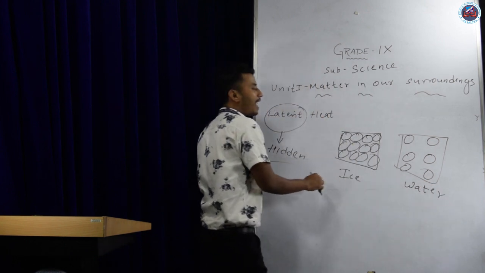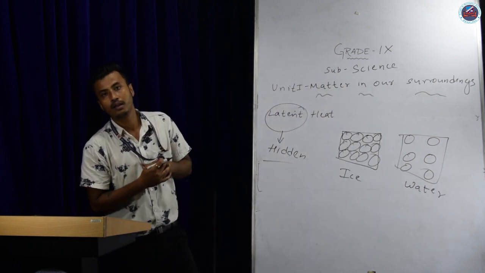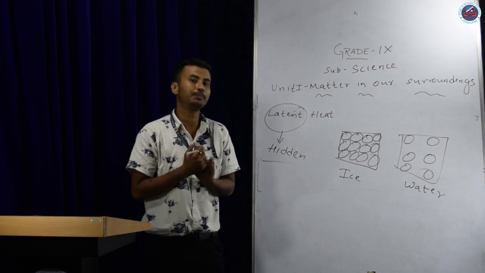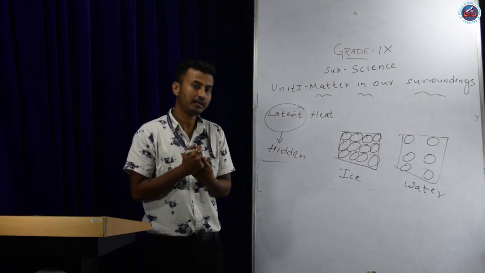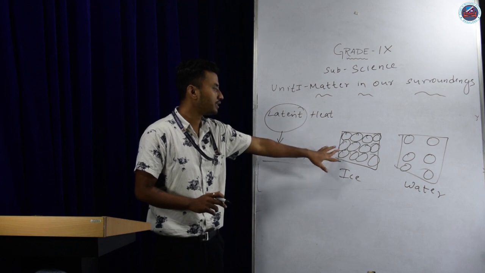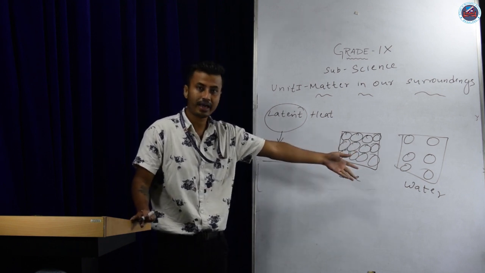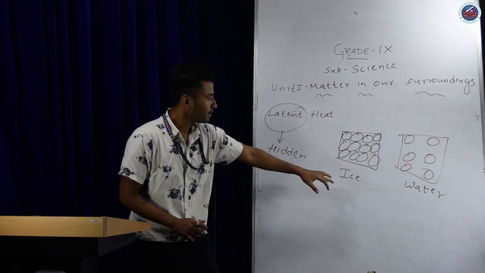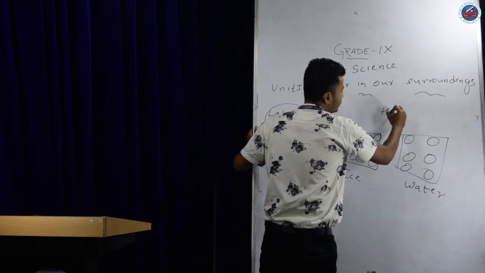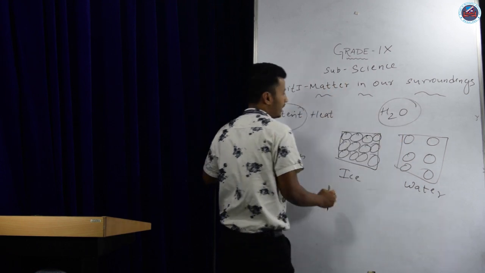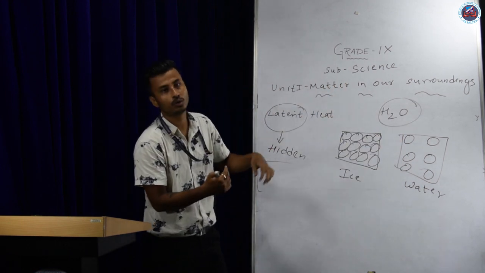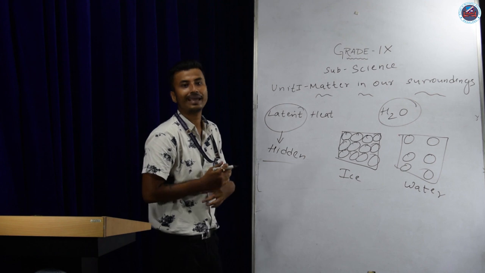Now when you compare ice and water, both have the same physical properties. But when we look at ice and water again, ice is a solid, water is a liquid. The chemical formula is the same. Both their chemical formulas are H2O. It's the same thing. It's not that whenever ice melts it becomes something else. No. They both are the same things.